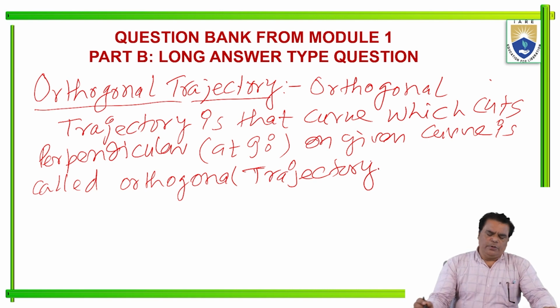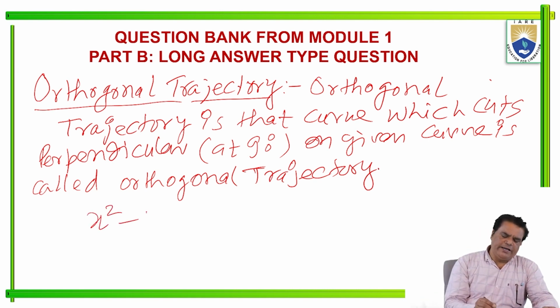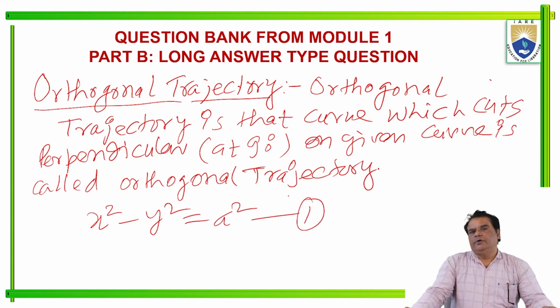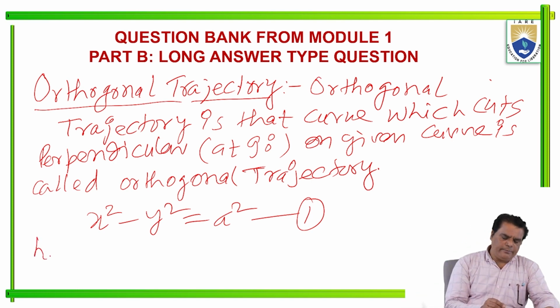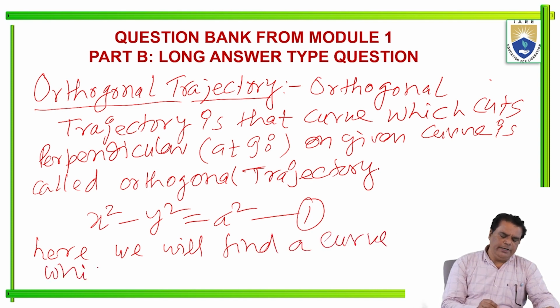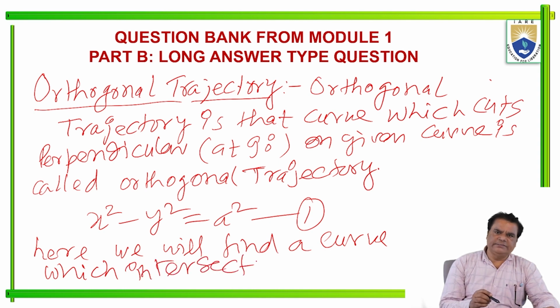Now, we have given here x square minus y square equal to a square. This is equation 1. Here we will find a curve which intersects this curve at right angle, at 90 degree.